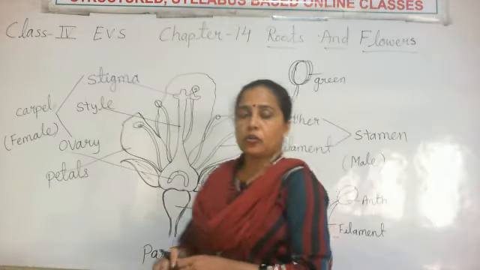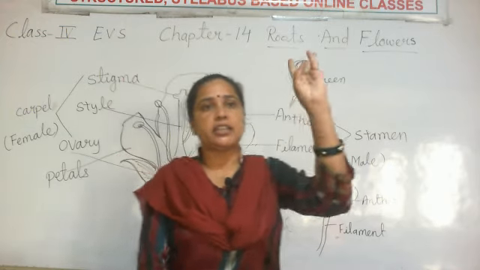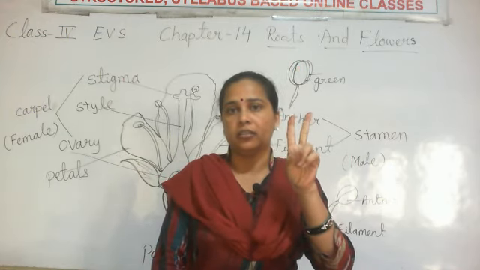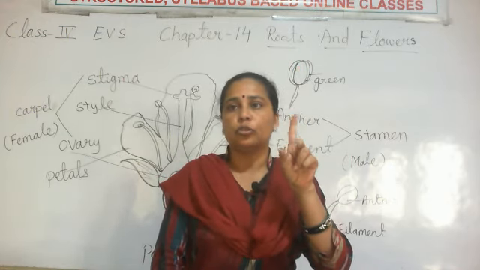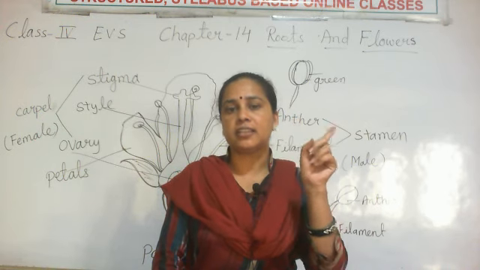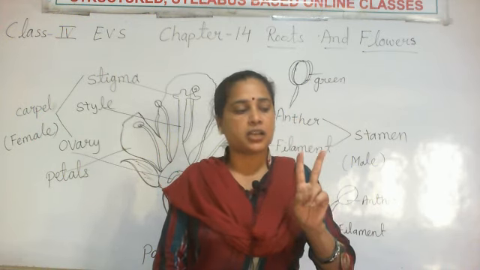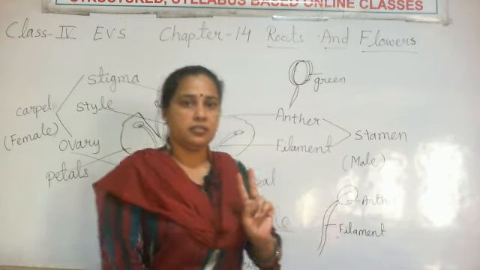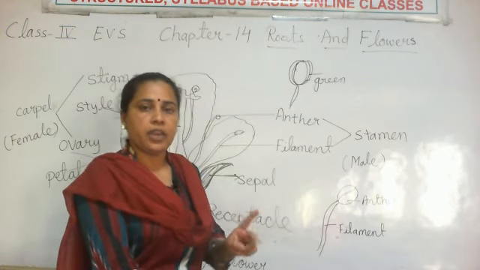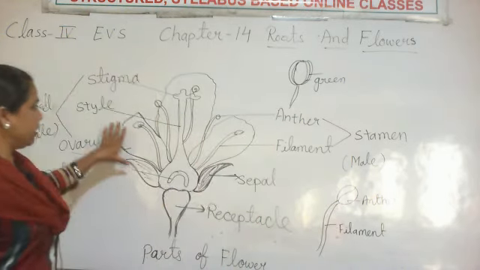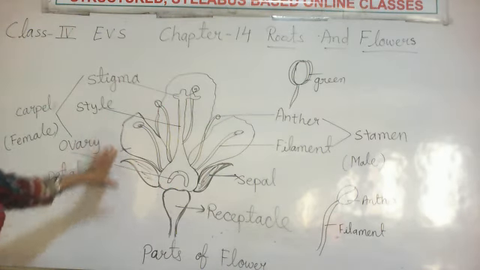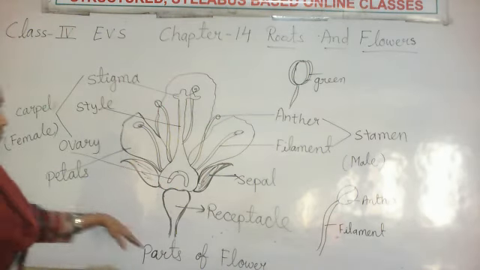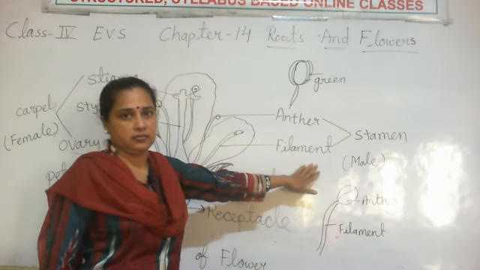Now we find two genders on the earth, that is male and female. Clear? Those are the girls, that is female, and those are the boys, they are male. Same way we find two genders in the flower, that is female part and male part.